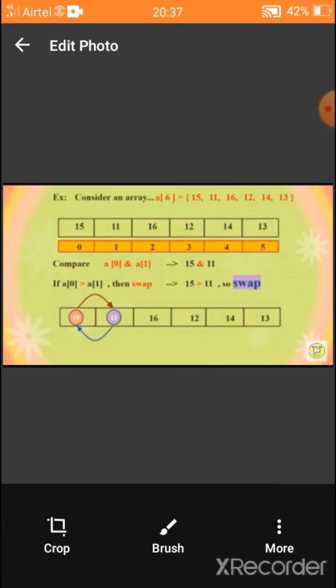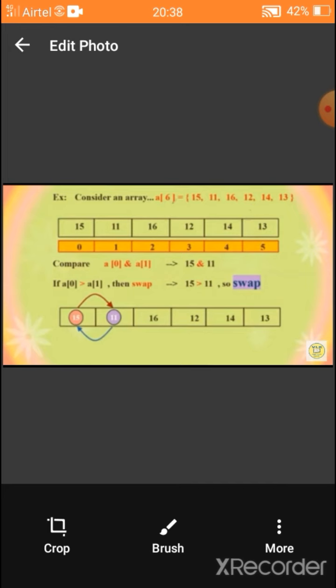At index 1, we have the value 11. In the second position, we have the value 16. Up to the index 5th place, we have the value 13. Look at the values. Are they in order? No. We have to make them ascending. That is known as sorting. Sorting means arranging the values in an order.